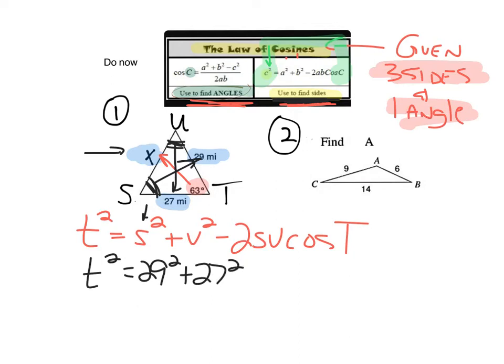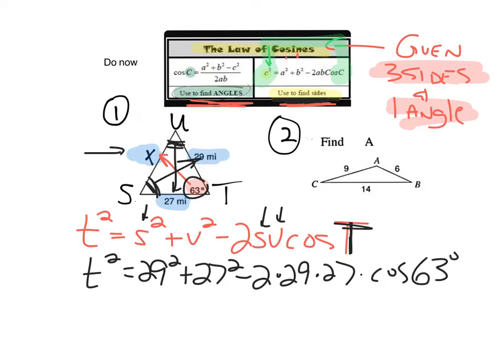So I'm going to have 29 squared plus 27 squared minus 2 times S times U, so minus 2 times 29 times 27 times the cosine of angle T, which they tell you is 63. In order to use this law of cosines, if you're finding a side, you need to know the angle opposite. In this case, I know angle T is 63.